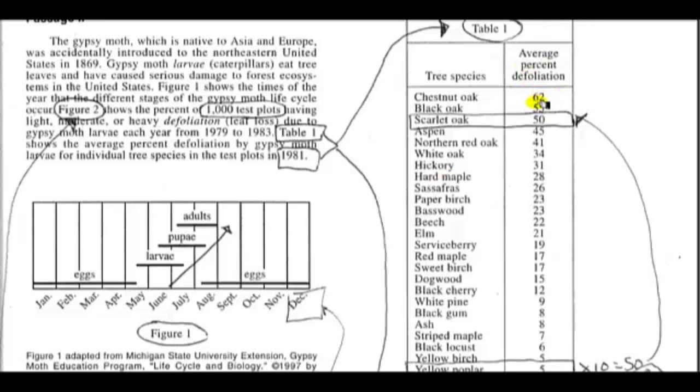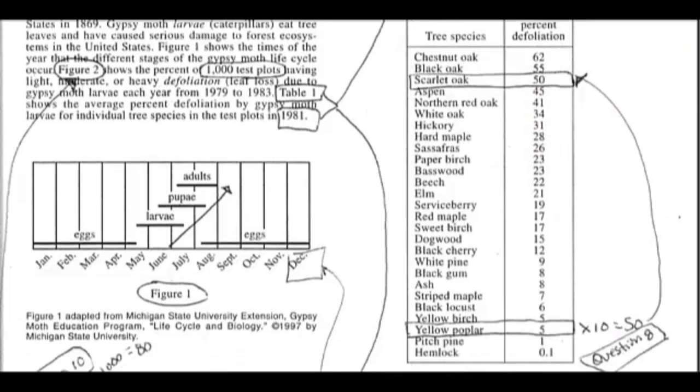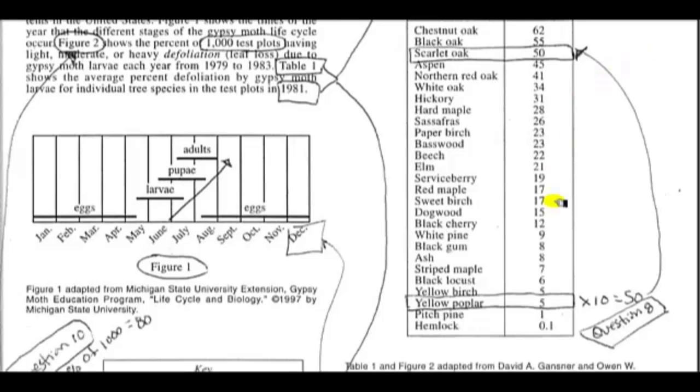And it looks like we have 62, 55, 50, 45, and so forth, and it goes all the way down. We need to try and figure out, is this light, medium, or heavy deforestation?